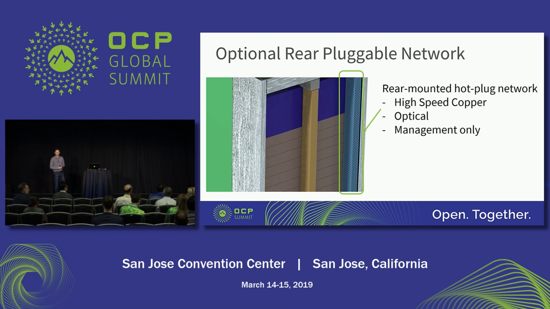You could have your high-speed copper, you can also have a high-speed optical interface, as well as perhaps a lower speed management bus, which maybe is just your health and telemetry information. I don't know if anybody has gone over to the Microsoft booth, but they're showing a similar version of that where they've got a management backplane in the back of OpenRack v2.